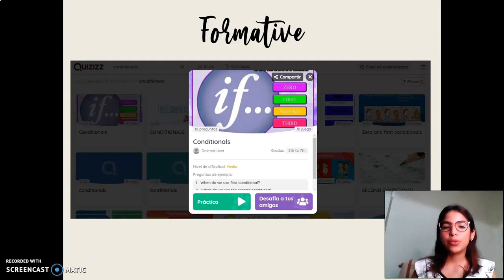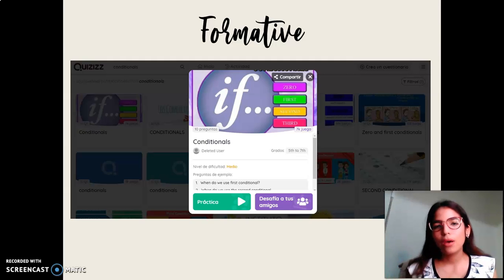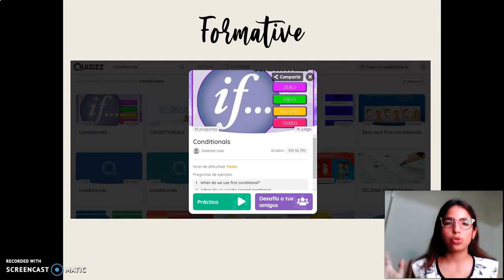But so as not to let this assessment pass, I just chose, for example, one topic, the conditionals, the zero, first, second, and third conditional, and I'm going to show you what can be a useful assessment for the students.